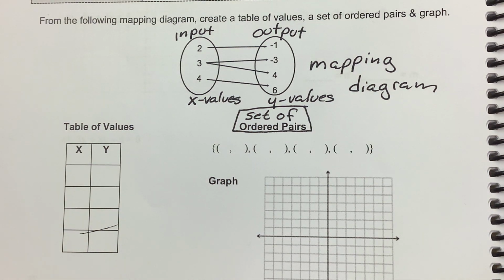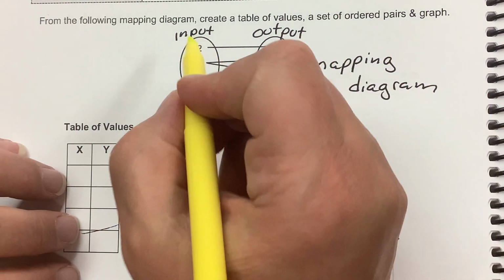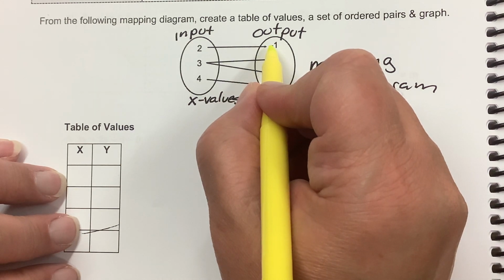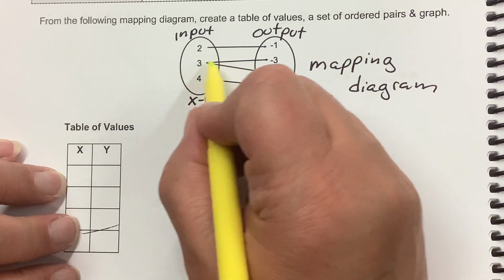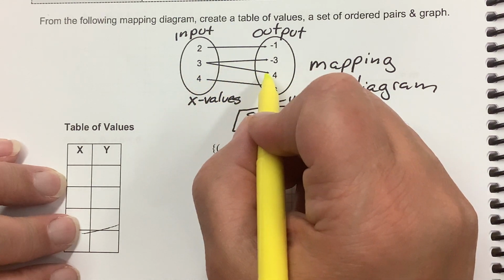Now, remember, back up here, it said we're going to look to see if the x values repeat. If the x values repeat, it's not a function. So right here, I can tell you the 2 goes to the -1. Then 3 goes to -3, but 3 also goes to 4.